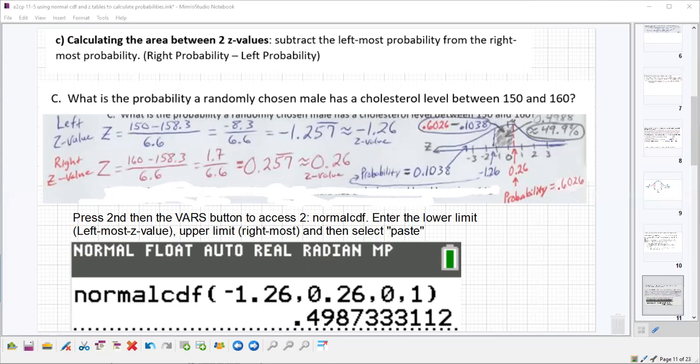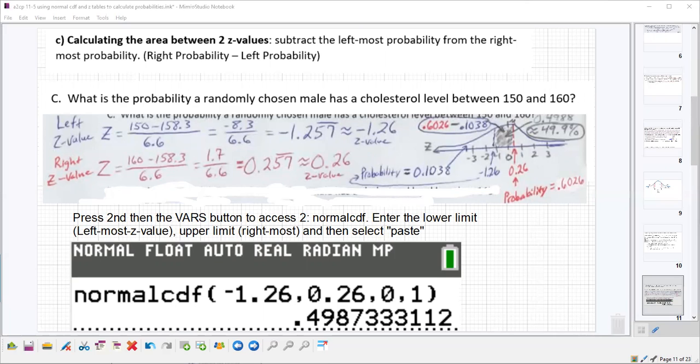After you hit enter, you'll probably see something like -1e to the negative 999th power. And that's just a really low number, a number that's very, very negative. But for your lower limit here, we want our leftmost z-value, which is negative 1.26, and our rightmost z-value, which is 0.26.